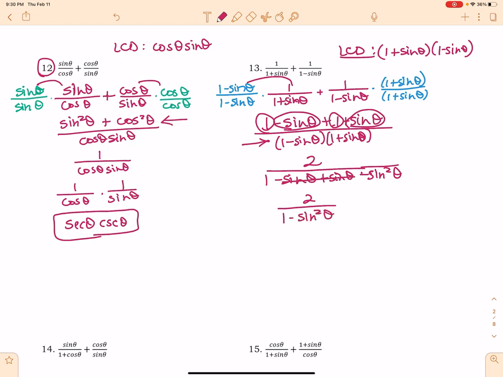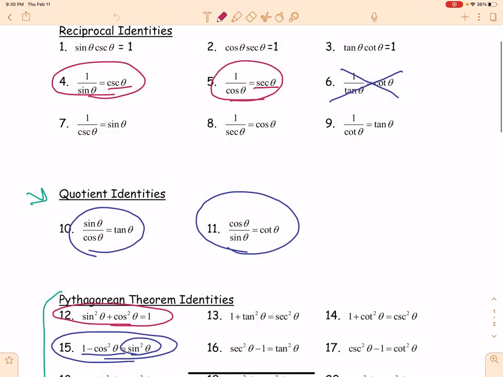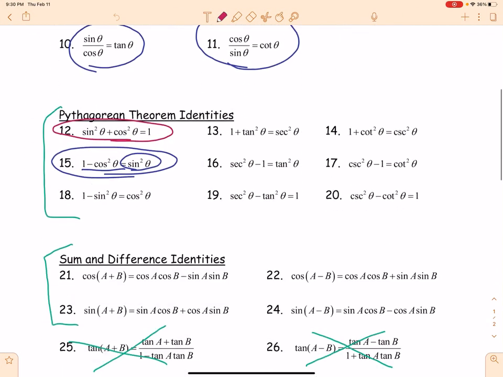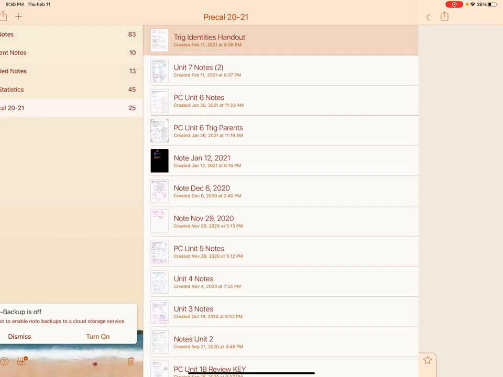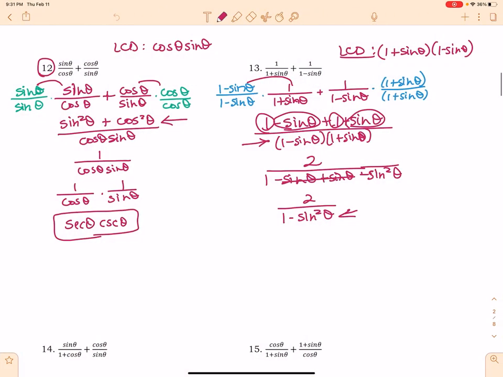And then I see that sine is squared here, so I'm going to go back to my identities sheet, look at my Pythagorean identities, check it out. So I can replace 1 minus sine squared theta with cosine squared theta. So 2 over cosine squared theta.